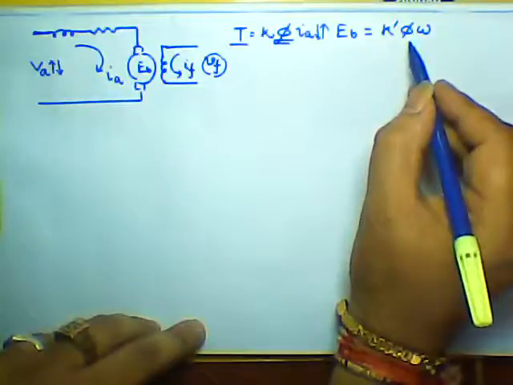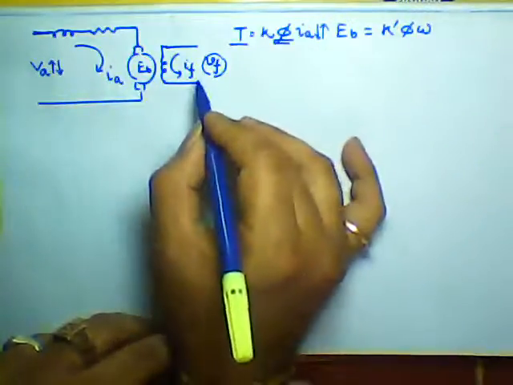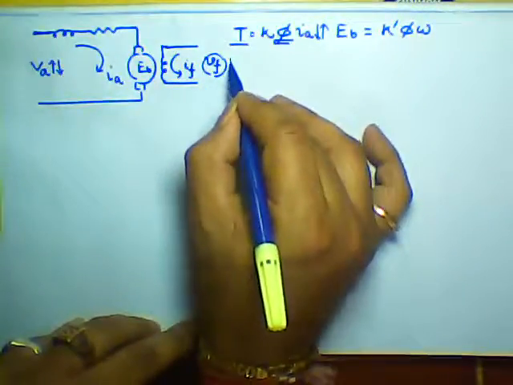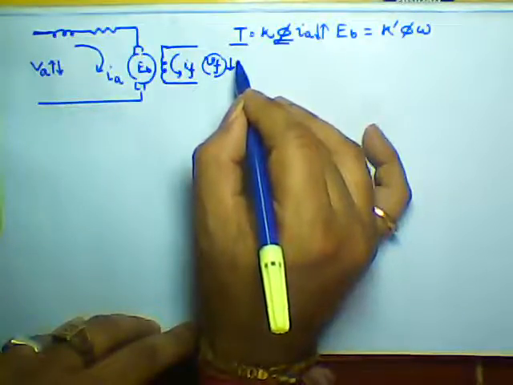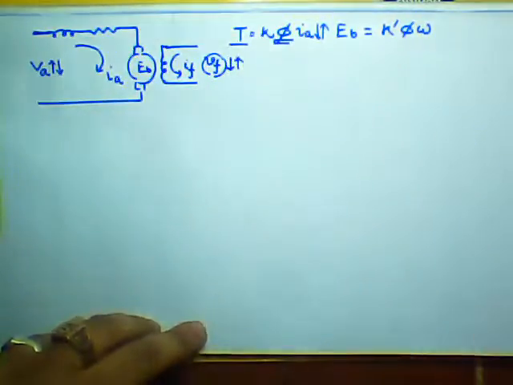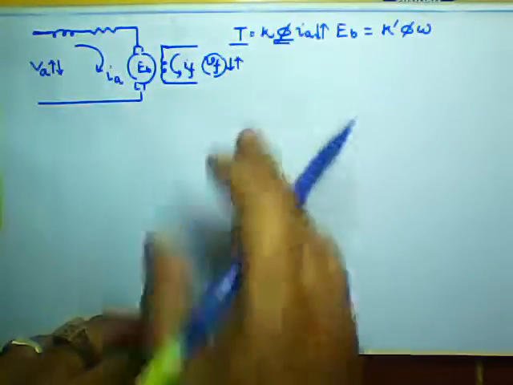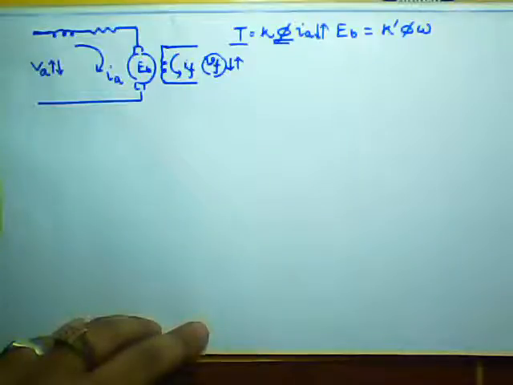Similarly, if I change the field, my field will change, and that is required when I want to operate the machine in constant field or field weakening mode, or some elevated field, whatever is needed.